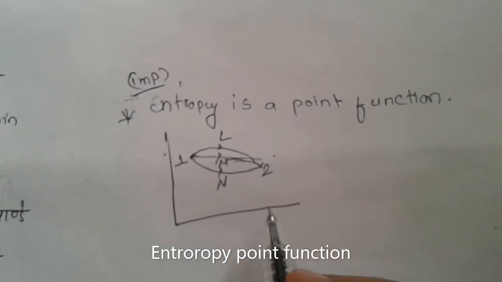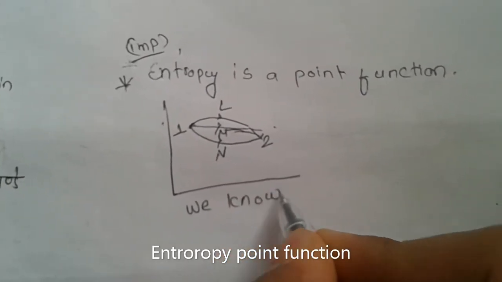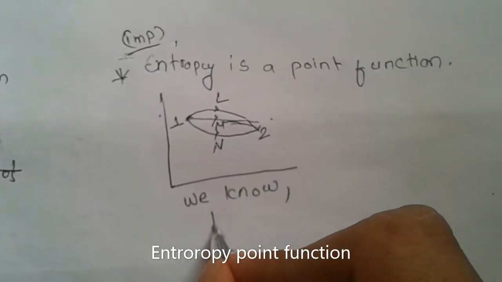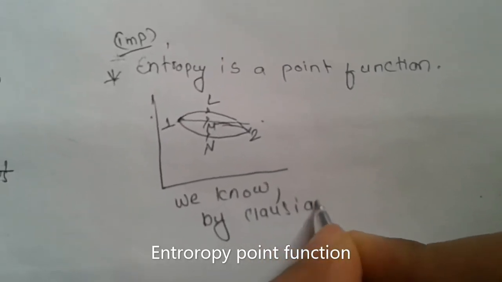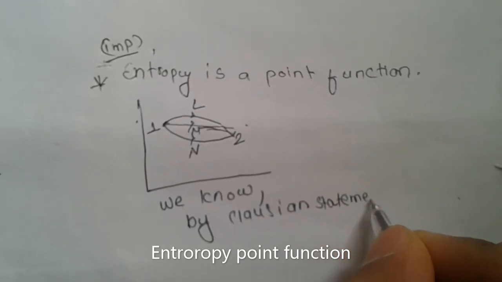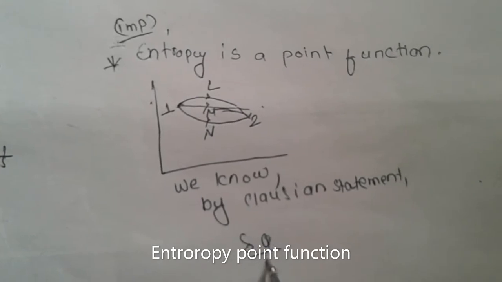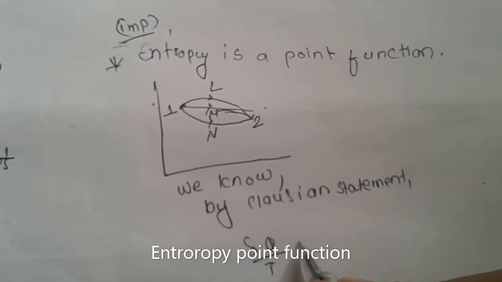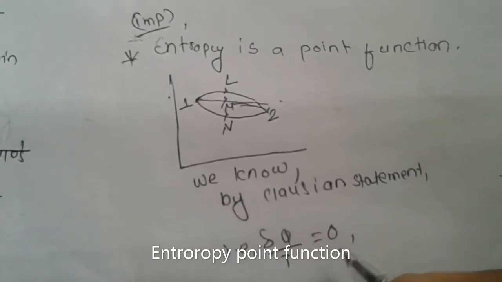So how to prove it? We know, and I hope you have read Clausius's statement, Clausius's rule. We say dq by T is equal to 0. You know this.